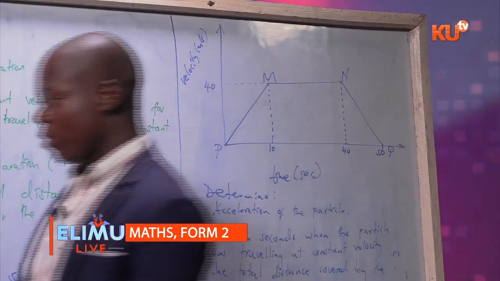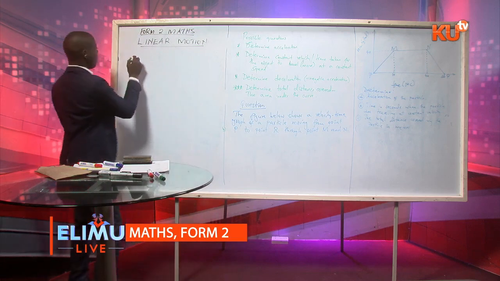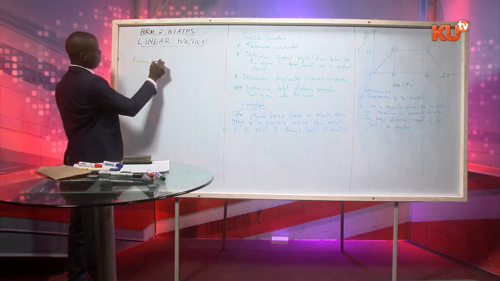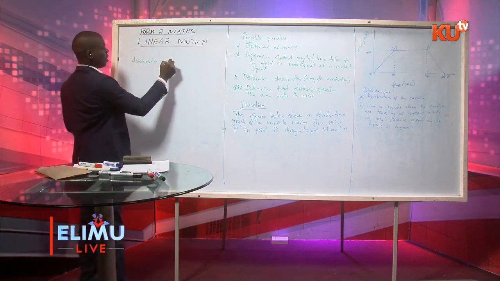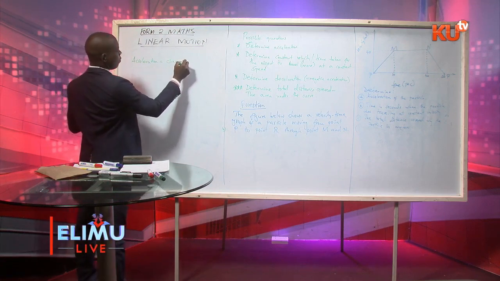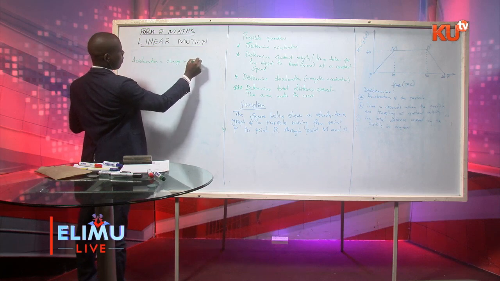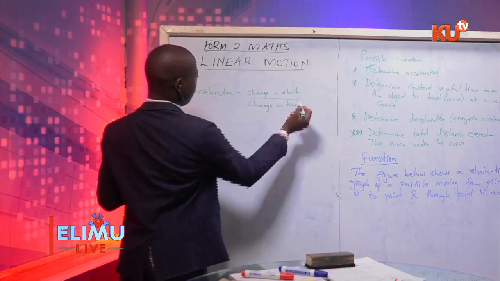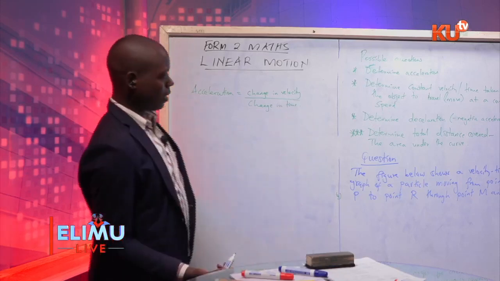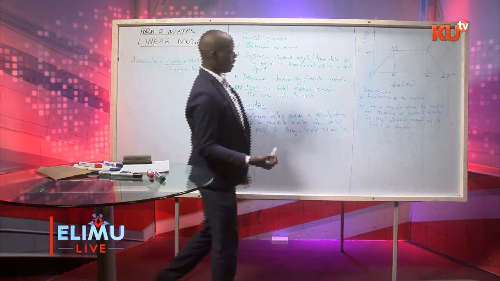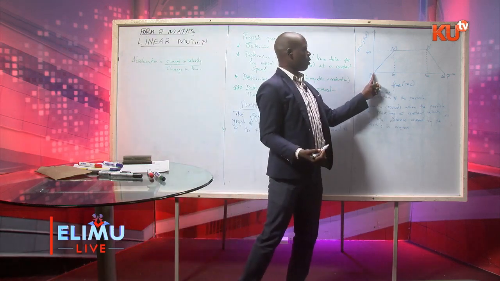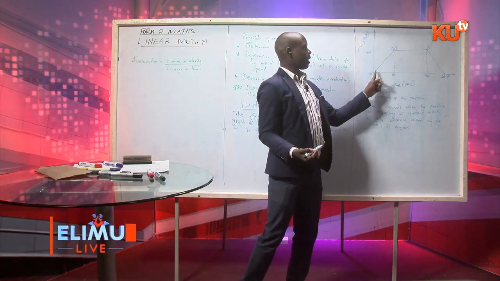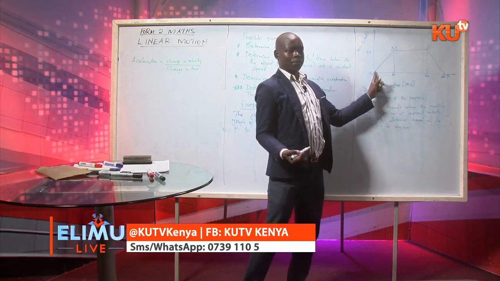And by now we know that acceleration is given by simply the change in velocity over the change in time. In simpler words, for those who've learned gradients and the equation of a straight line, we determine the gradient of this line.